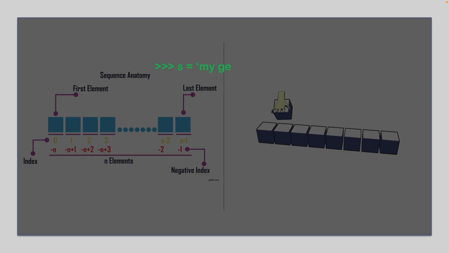Let's take a simple example here: my gene, AGCT something. This is also one thing we need to be familiar with.